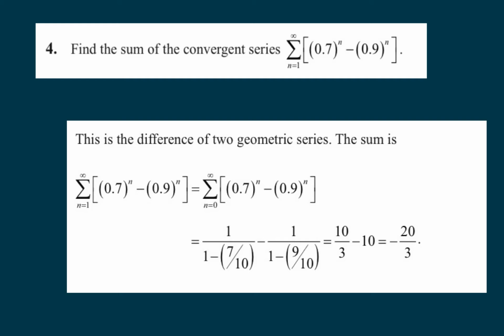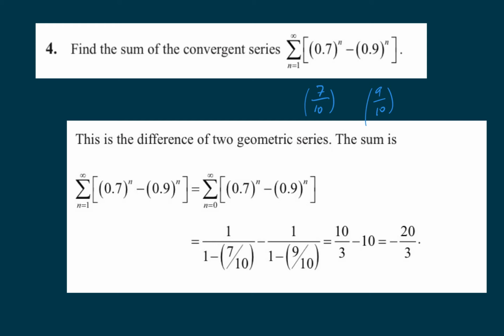And let's go to do the next problem. The problem says, find the sum of the convergent series 0.7 to the n minus 0.9 to the n, the summation from n equal 1 to infinity. First of all, we realize that here there are geometric series. 0.7 is the same as 7 divided by 10, and 0.9 is the same as 9 divided by 10.